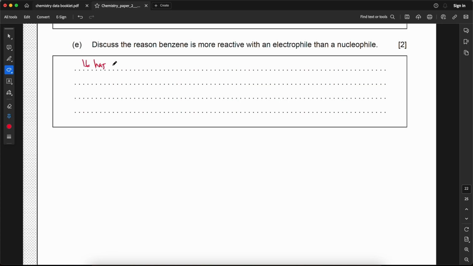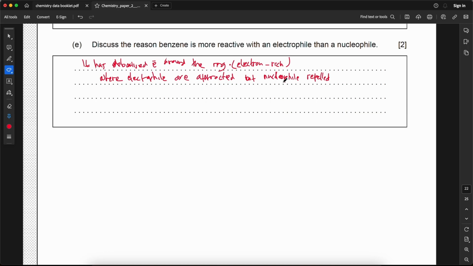Because it has delocalized electrons around the ring, it is also called electron rich, where electrophiles are attracted but nucleophiles repel. An electrophile is positively charged, so it needs electrons, and benzene is electron rich, so that's why it matches with an electrophile.